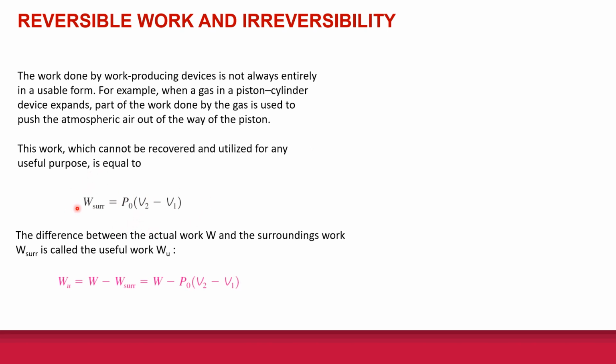This is the work due to the surroundings: the pressure times the change in volume. The difference between the actual work and the surrounding work is called the useful work, and it's given by the following formula. W_U, the useful work, is the work minus the work of the surroundings. So we simply take this equation and substitute it here.